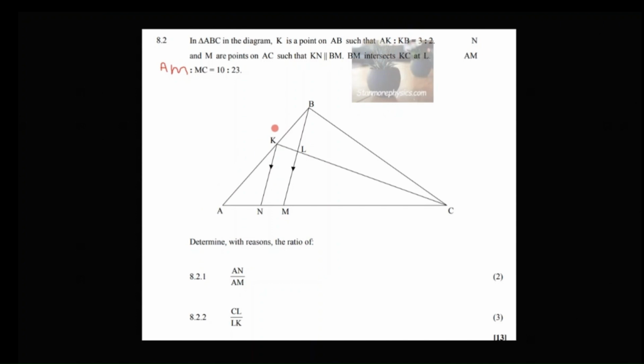All right, so let's look at AK. I'm going to label that as 3A, and then I'm going to label that as 2A, just a random variable. Actually, no, let's label that as Y. AM to MC is 10 to 23.